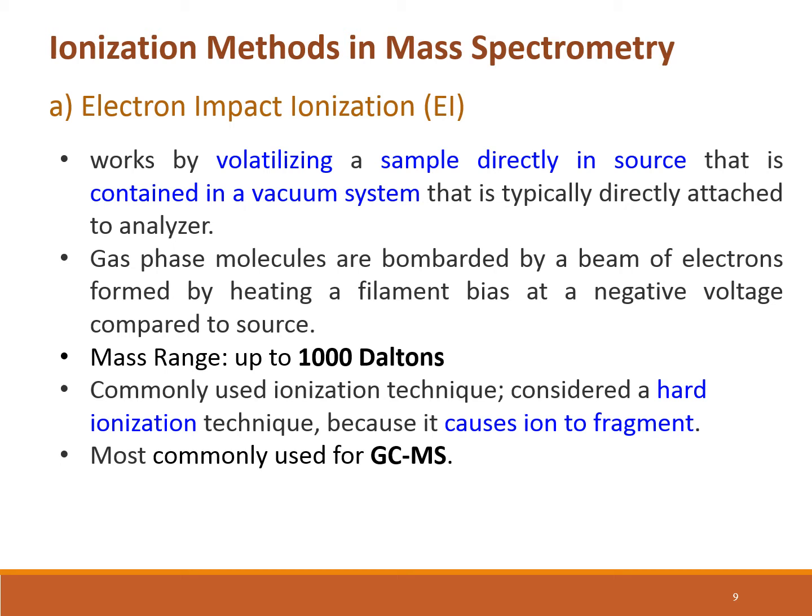The mass range is up to 1000 daltons. It is a commonly used ionization technique. It is considered a hard ionization technique because it causes ions to fragment. So it is most commonly used for GC-MS.